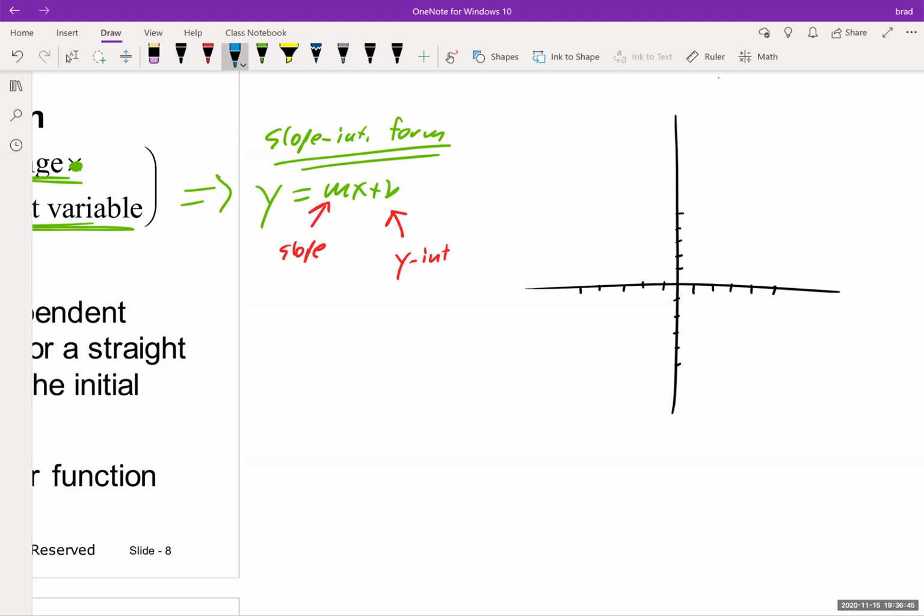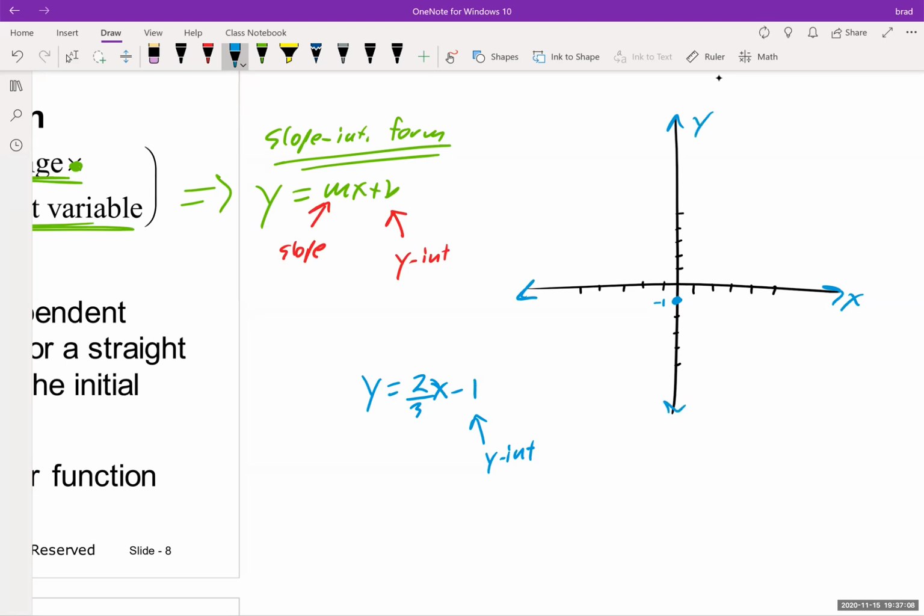Then I could graph, let's say I gave you y equals 2/3 x minus 1. So I go down 1 and put my -1 right there. That's my y-intercept. I know the graph is going to cross the y-axis right there. This is the x-axis, this is the y.